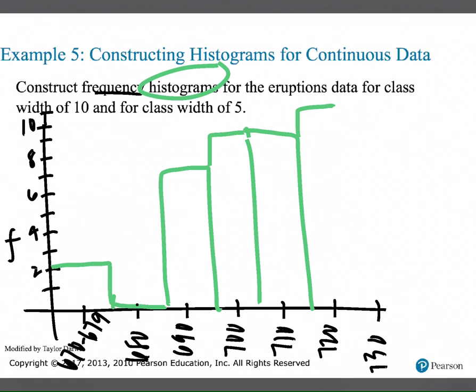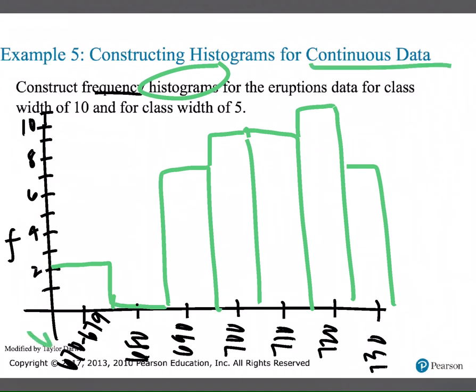That was our most frequent observation. And then 730 to 739, we had 7. Sorry, my bars are a little lopsided. But that's what that histogram would look like if you were to construct it with continuous data. It's the same thing, but you just group that data together.